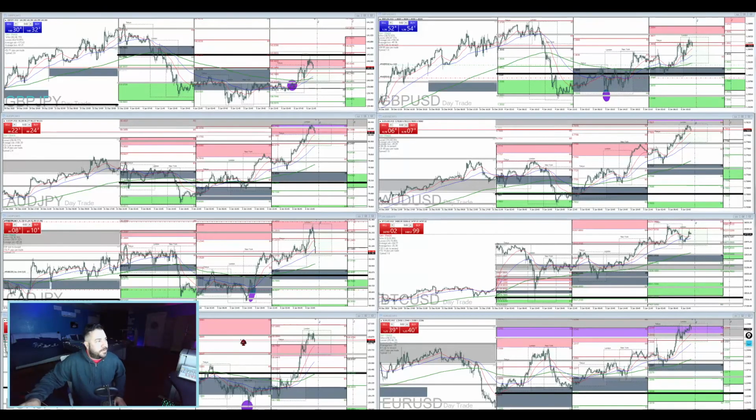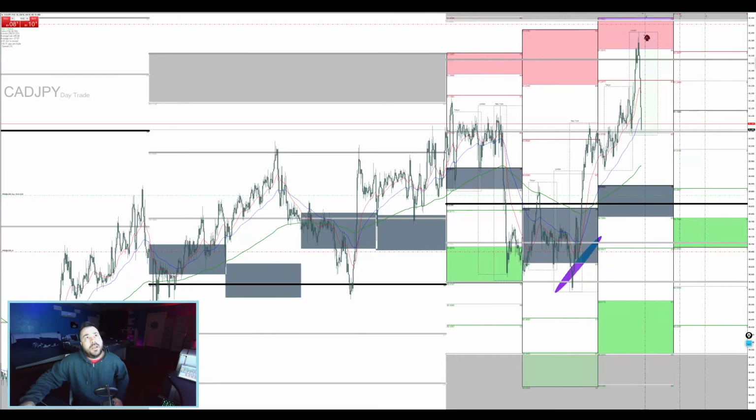All right, it's 4:51 a.m. and just taking a look here, I am getting quite a bit of a reaction in the markets. I do have the CAD coming down. I mean, it came really close to hitting the weekly take profit. It's not much of a distance away. In fact, I want to measure it right now.